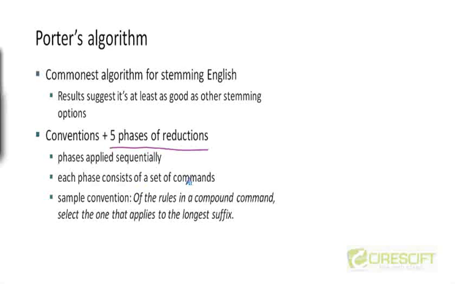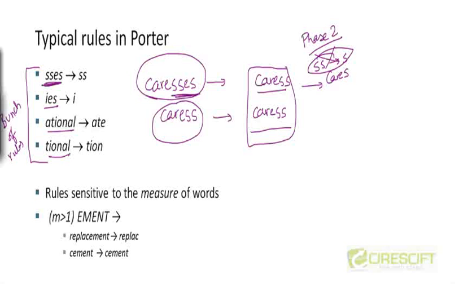Each phase consists of a set of rules of the form we just saw, and the convention is that if there are multiple rules, you're going to choose that particular rule which applies to the longest suffix of your token. Now some of the rules are also sensitive to the length of the words.